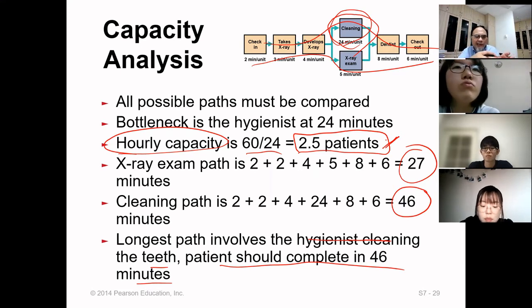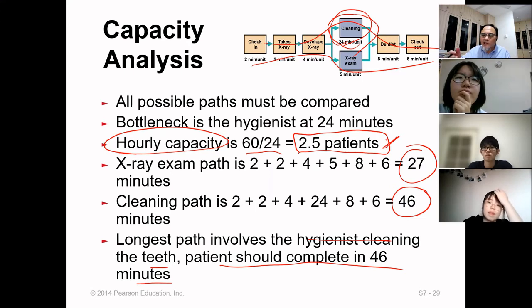This is how they determine reservations for dentists, for example. Understand? You cannot book more than 3 people because the next person will wait long. So that's why the hourly capacity is 2.5.